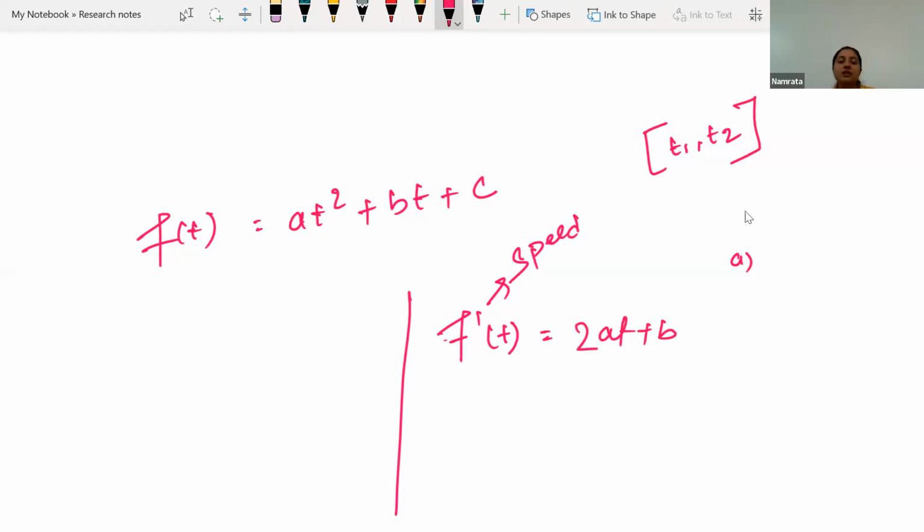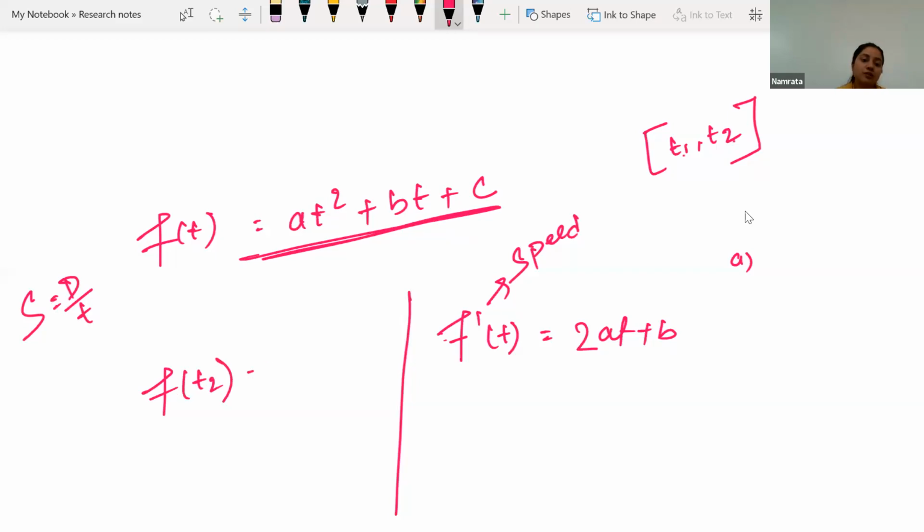And one more way is there, which we have learned in the previous class, that speed is equal to distance over time. So here over the time interval t1 and t2, we can take this position, f of t2 final minus initial, over the time period t2 minus t1. This is how we can find the average speed.